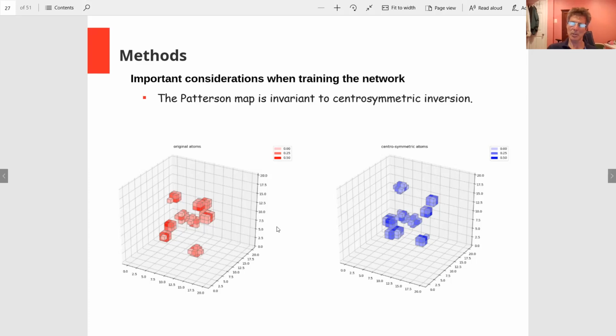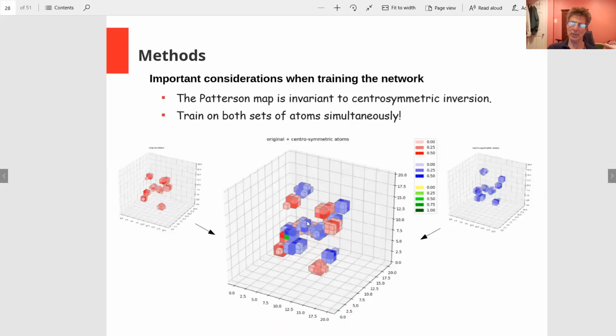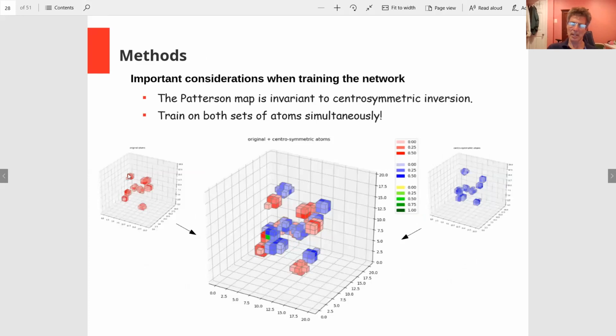And so the way that I've approached that is I take this density map, I calculate the Patterson map, that goes on the input. Then I calculate this density map, the centrosymmetry related density map, and I add these together, and that goes on the network output.